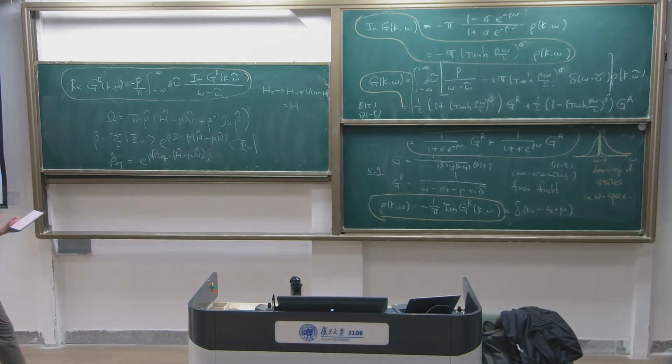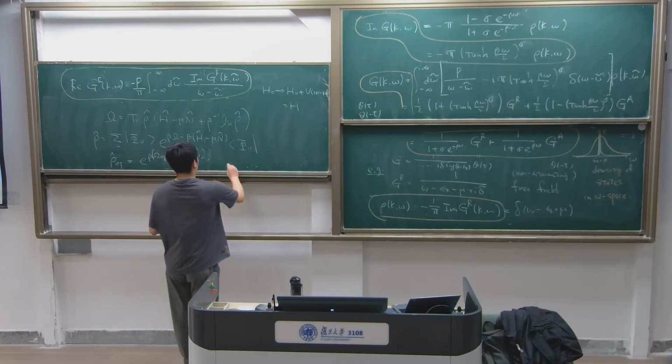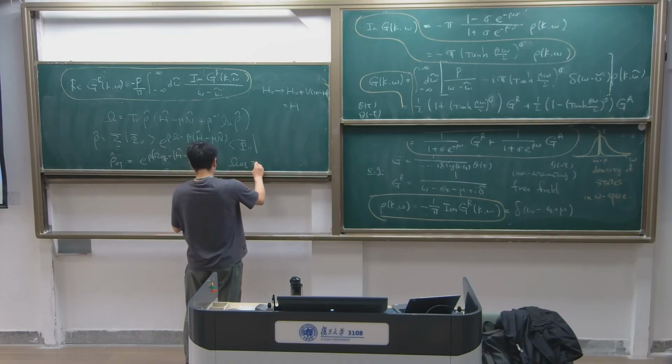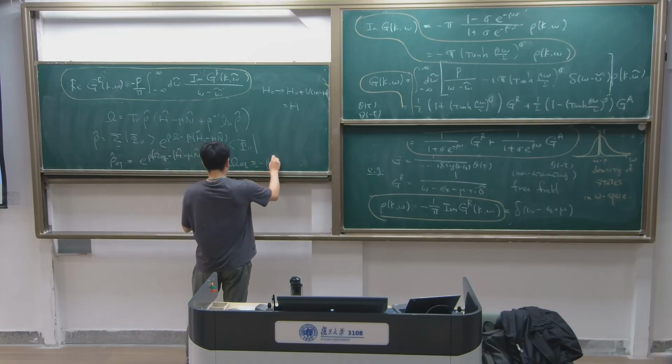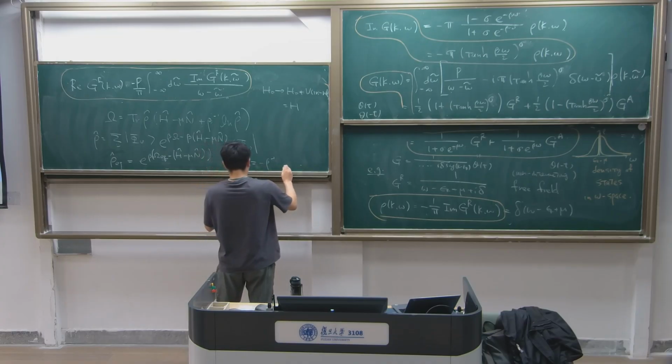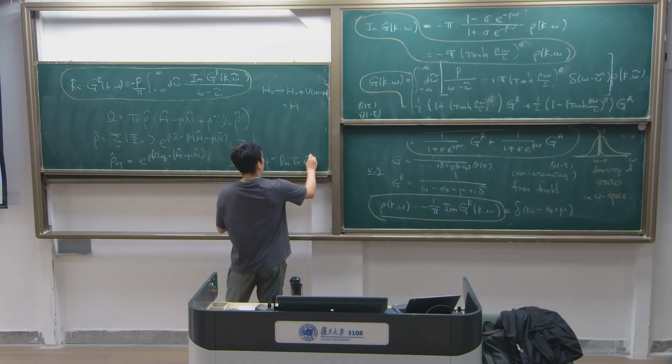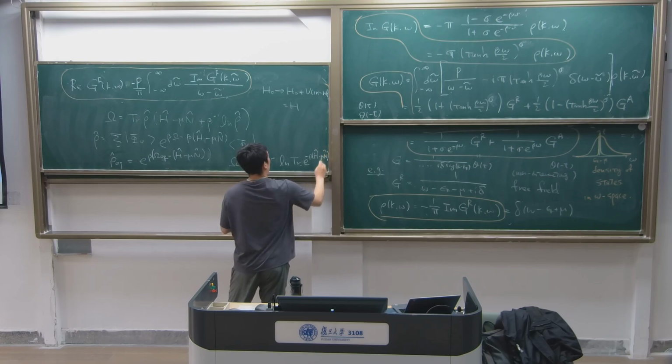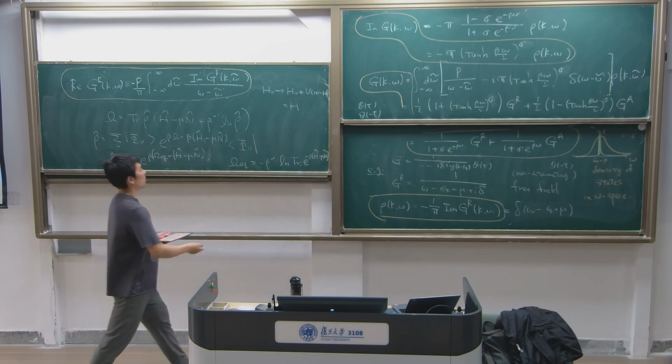Like this, rho_eq is given by e to the minus beta (H minus mu N) over the trace of e to the minus beta (H minus mu N).